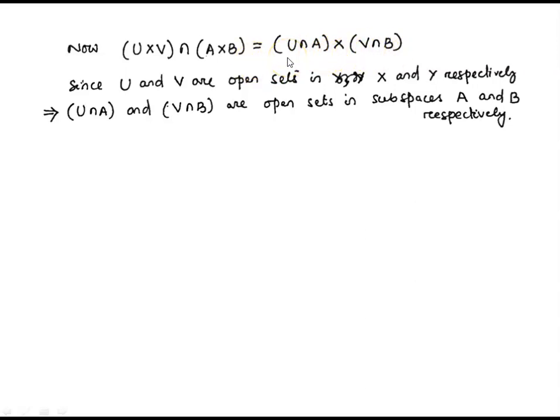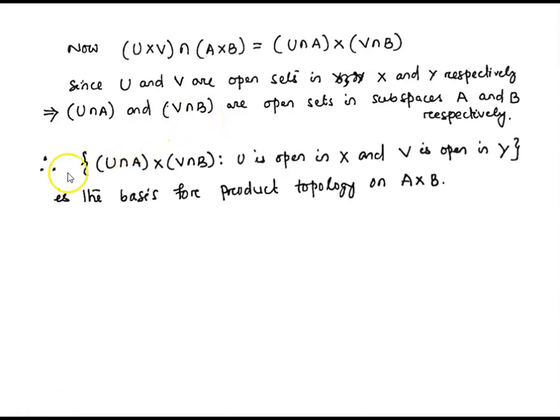Here U and V are open sets in X and Y respectively. This implies U intersection A is open in the subspace A. Similarly, V intersection B is open in the subspace B. Therefore, (U intersection A) cross (V intersection B), a product of an open set of A with an open set of B, is a basis element for the product topology on A cross B.